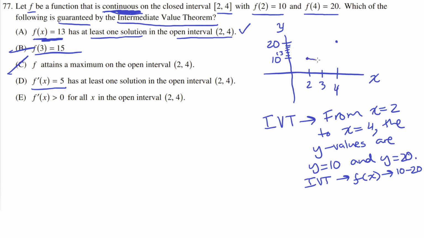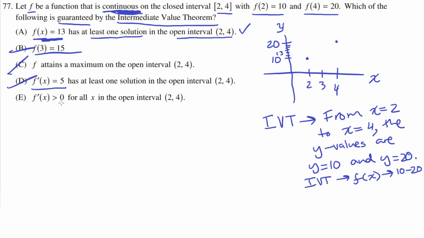We don't know what the curve looks like, but we can't say for sure that there's a slope of 5 at some point, because there could just be a piecewise function between these two, and they could have slopes that are not equal to 5. So D is not correct.